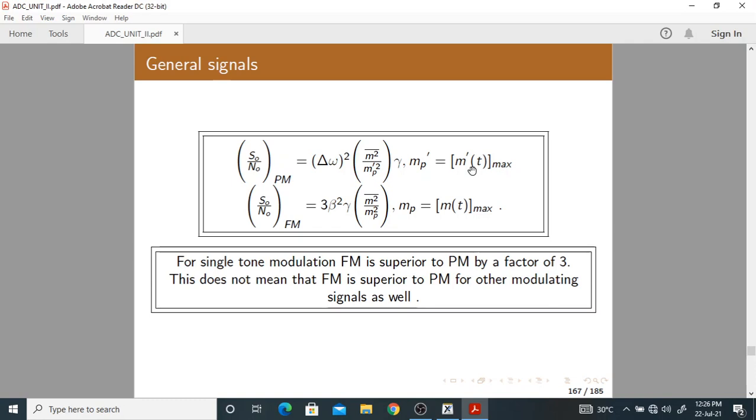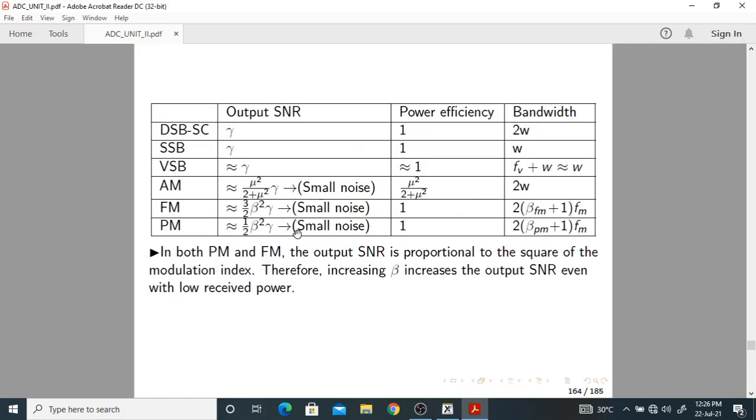Okay, so here there is a conclusion. For FM it is 3 by 2 beta square gamma. For PM it is 1 by 2 beta square gamma. Which has more SNR? FM. How many times more? 3 times.